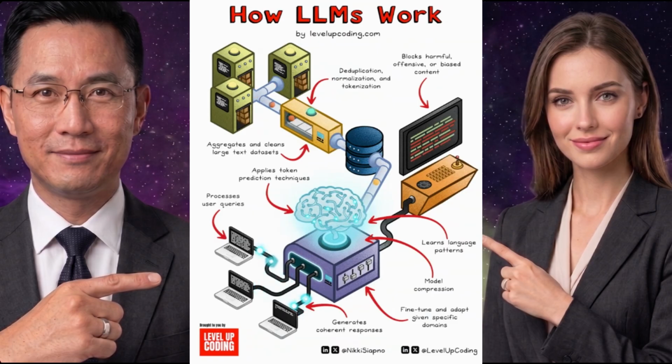Right. And it's important to note, it isn't just memorizing dictionary definitions. It is mapping the statistical relationships between billions of concepts. So it learns the rhythm, the syntax, the grammatical rules, and even the logical progression of human arguments. Exactly. This learning phase, which is essentially the training of the model, is the creation of a high-dimensional vector space. High-dimensional vector space.